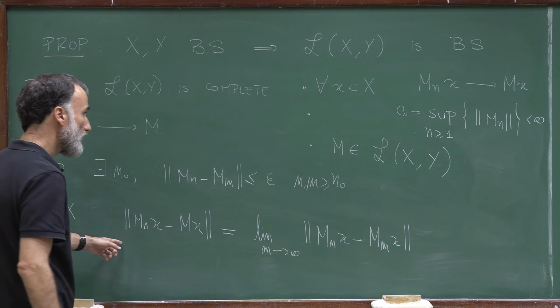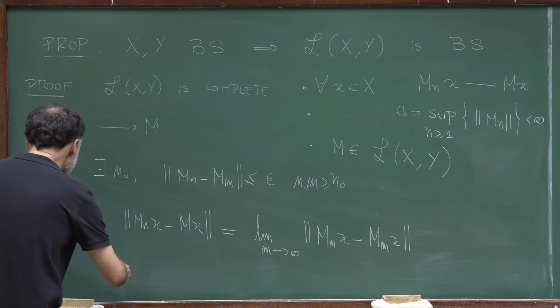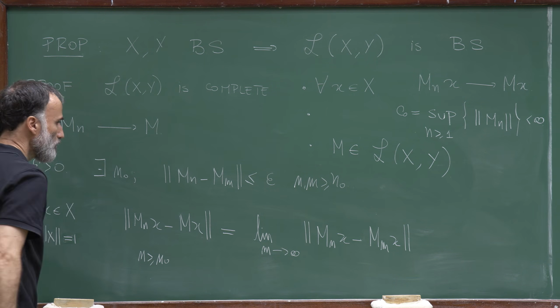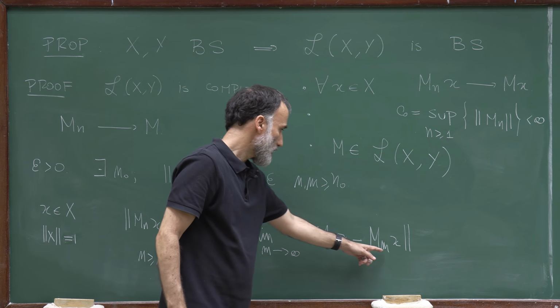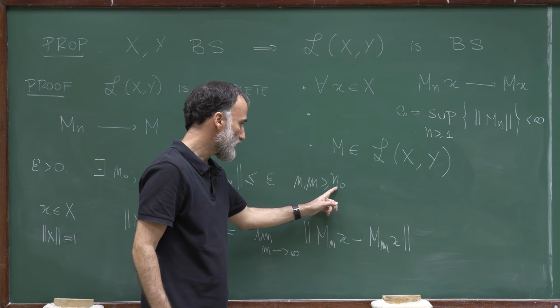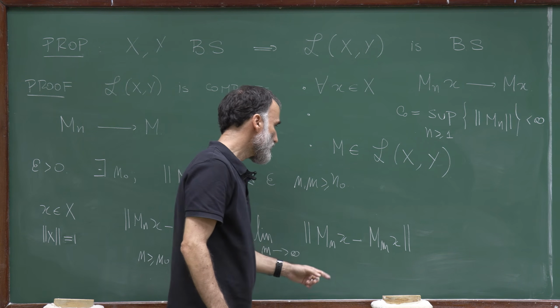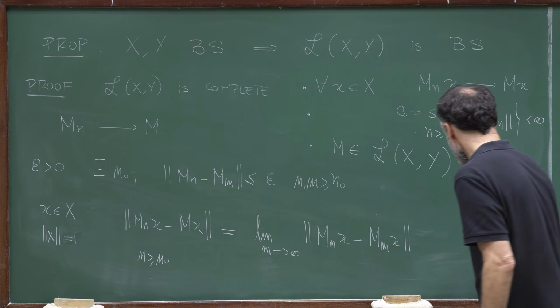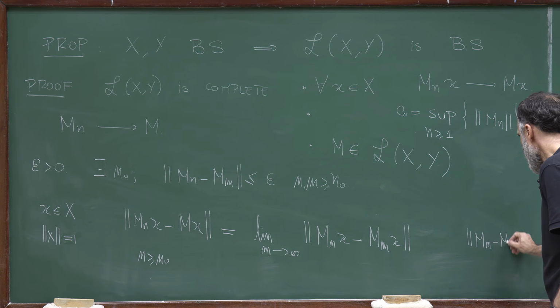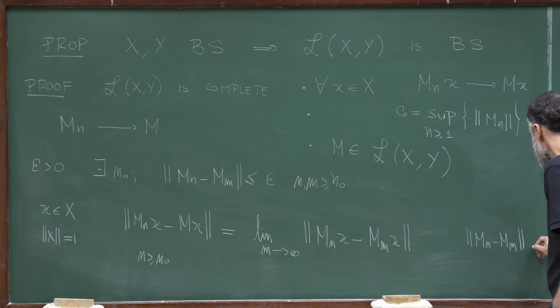Now if I take n here larger than N0, for m sufficiently large, which means for m larger than that same N0, this quantity is bounded by the norm of Mn minus Mm times the norm of x.